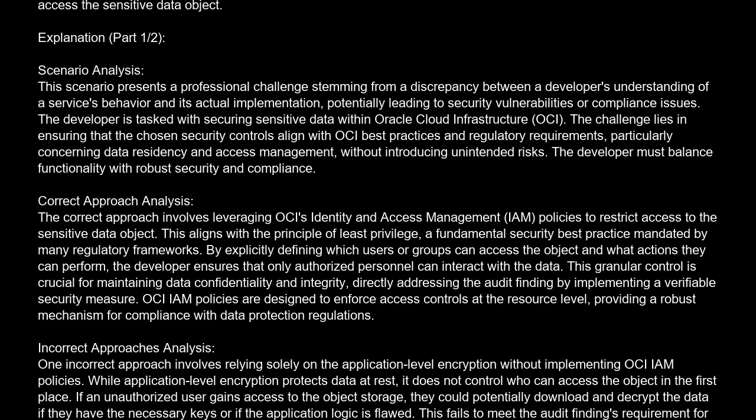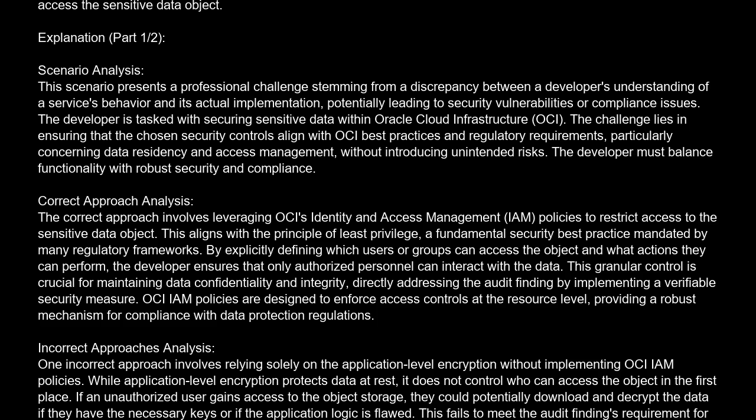This granular control is crucial for maintaining data confidentiality and integrity, directly addressing the audit finding by implementing a verifiable security measure. OCI IAM policies are designed to enforce access controls at the resource level, providing a robust mechanism for compliance with data protection regulations.